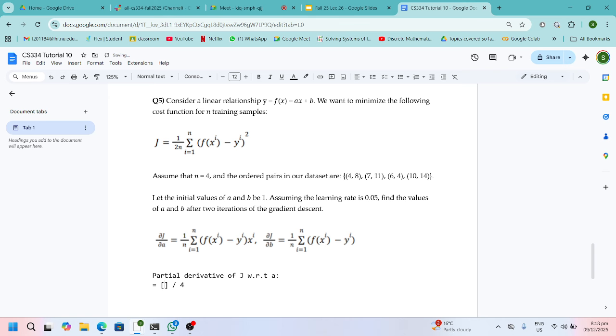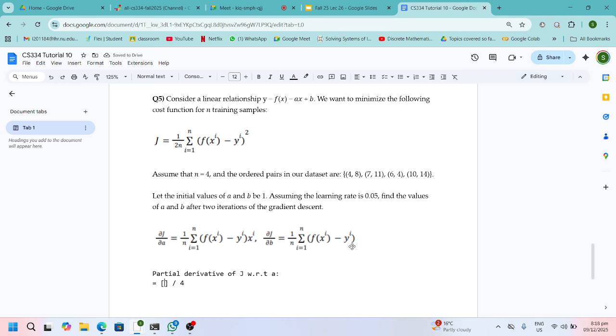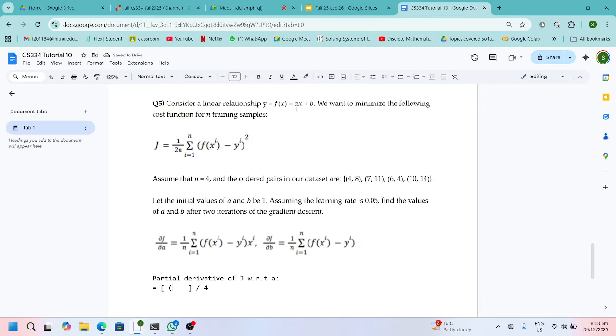So this is equal to, I will divide the entire thing with 4 at the end because 4 मेरे पास data points हैं, and then I will compute this equation for every single data point. So पहले data point को ले लेते हैं. f of xi हमने निकालना है, which is simply ax plus b. So x is equal to 4. A की initial value भी मुझे 1 given है. So 1 times 4 plus b is equal to 1 initially as well.